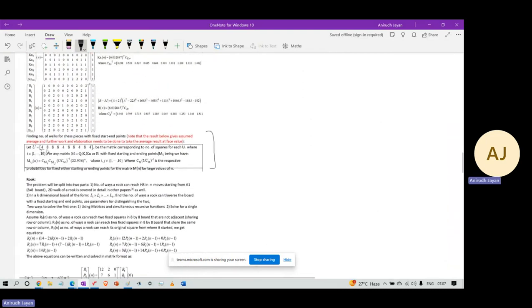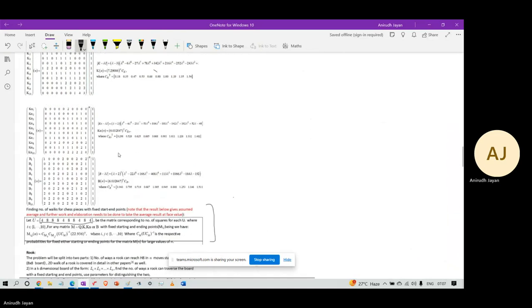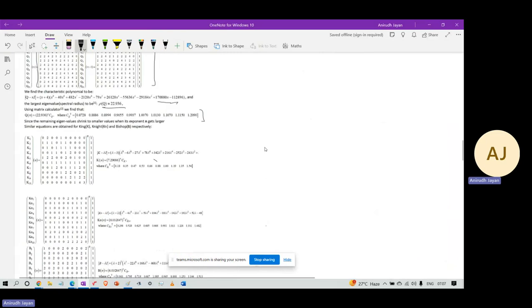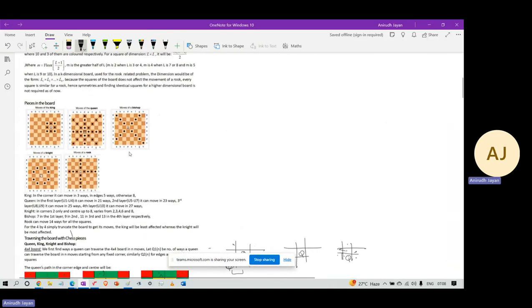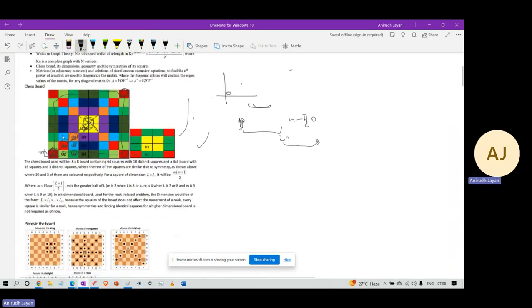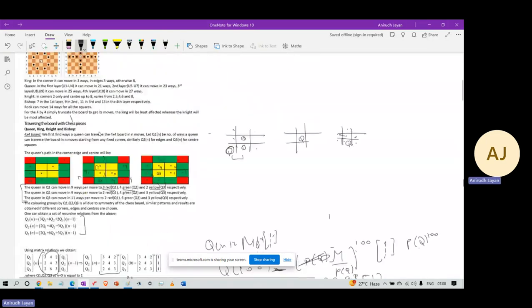We assume this matrix as the frequency of each square, and we assume the coefficients as the probabilities of each square. Since the center is more likely, it will have higher coefficients, and the remaining squares will have lesser coefficients.